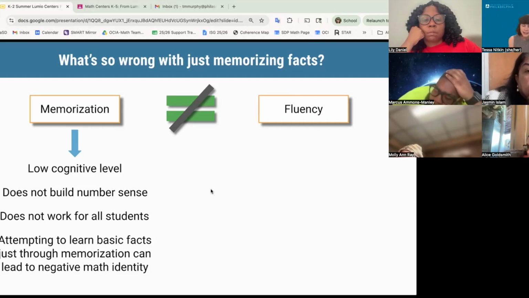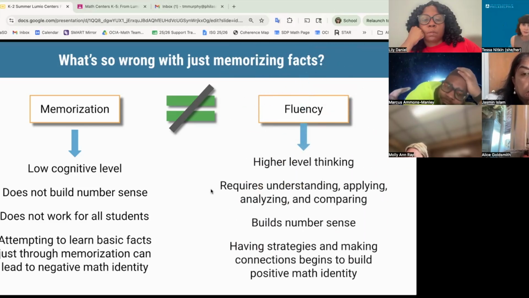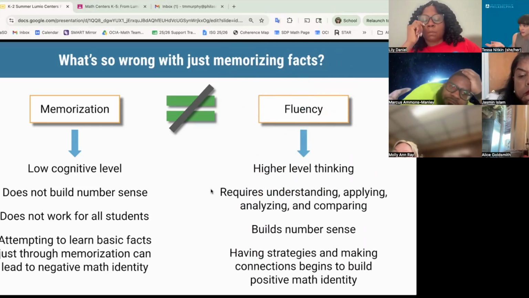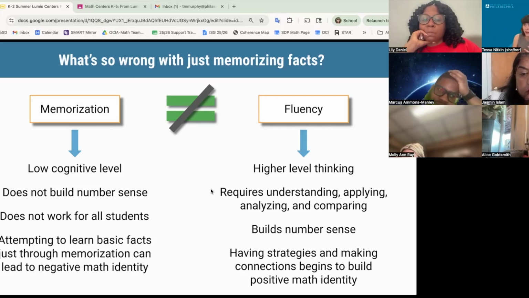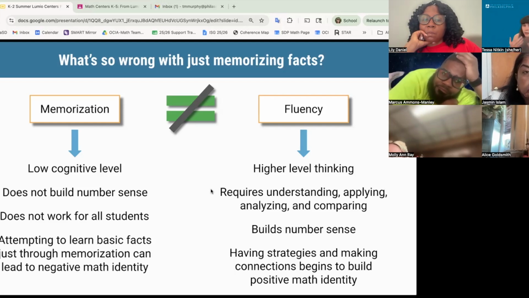So instead, we want to think about fluency, which is more robust. Fluency involves a higher level of thinking because we're actually understanding the relationship between numbers and operations. In my 2+2 example, I need to know, what does 2+2 mean? What does it mean to add? What do those numbers represent? What is their relative size? How are they not in any way possibly going to be equal to 100?